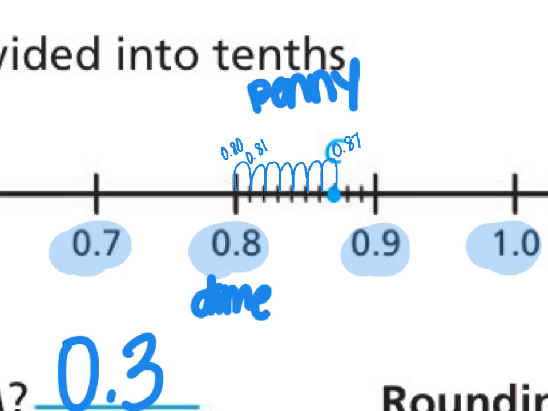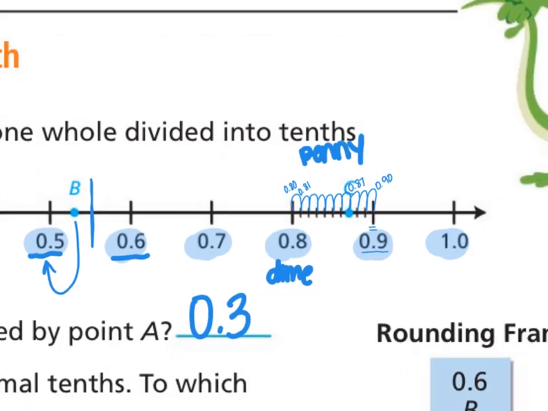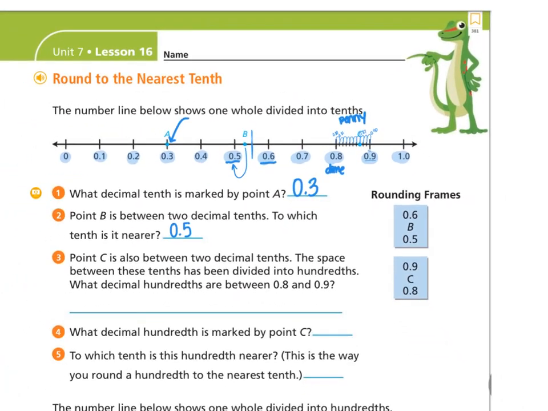Let's keep counting. 88, 89, 90. 0 and 90 hundredths is equivalent to 0 and 9/10. C is at 0 and 87 hundredths.